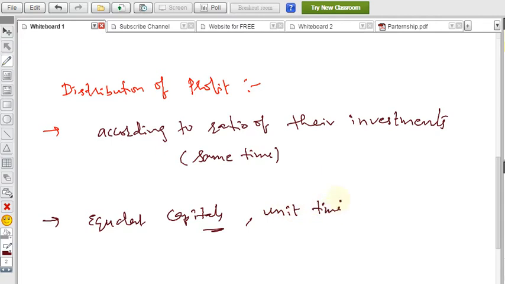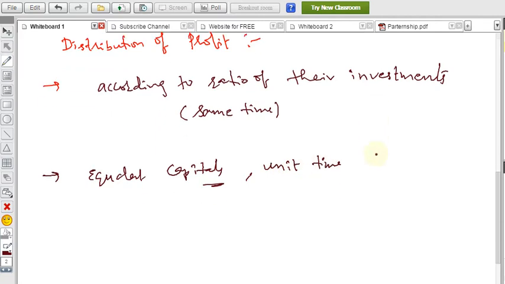For example, like the previous example, A and B. A started the business only after 6 months, after 6 months he invested some money in this business, and B, for example, after 3 months.